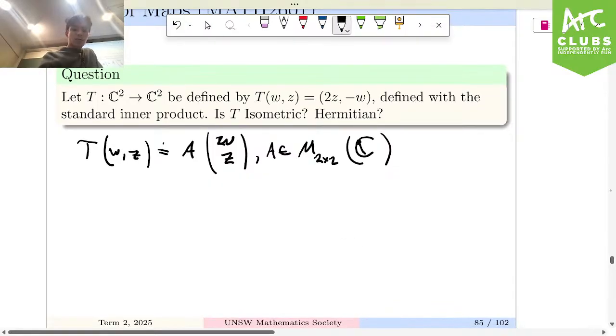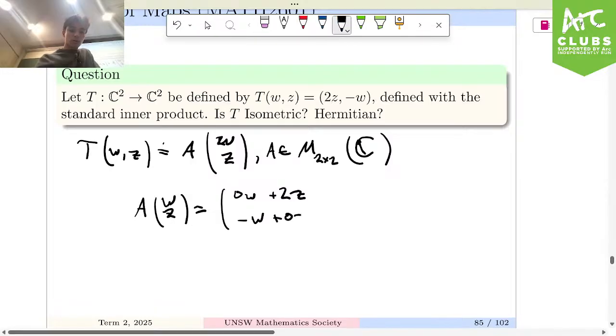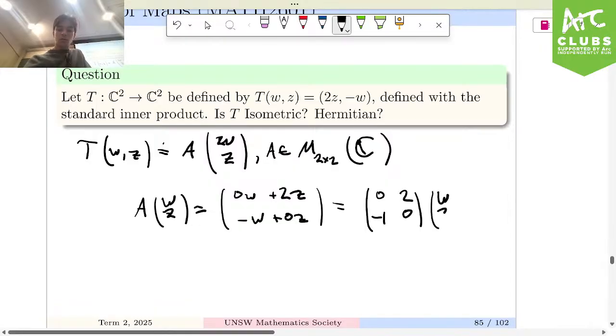Then we have that A of WZ is equal to 0 times W plus 2Z in the top, and minus 1 times W plus 0Z in the bottom, which is equal to 0, 2, minus 1, 0 times WZ. So we have an expression for our matrix A.